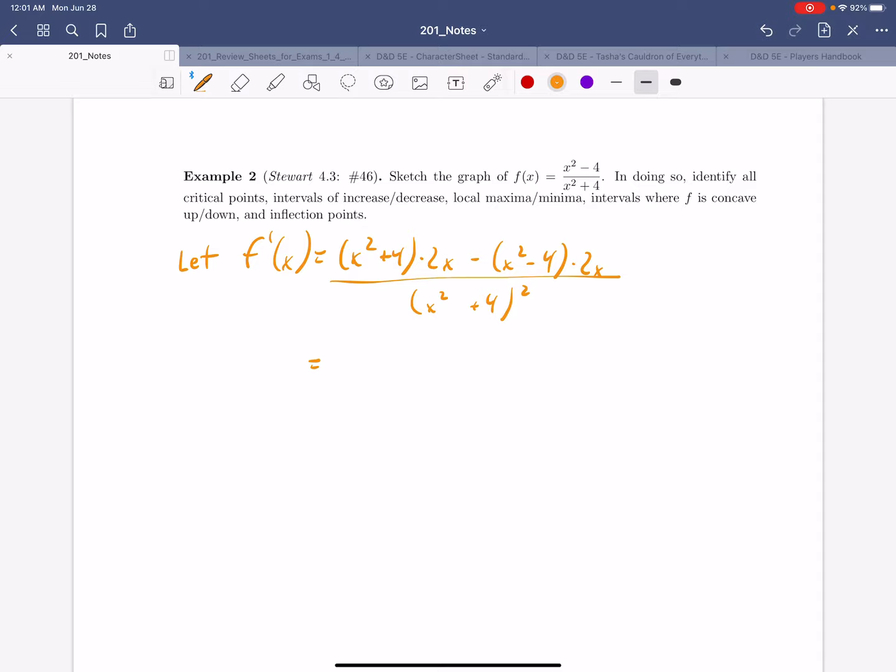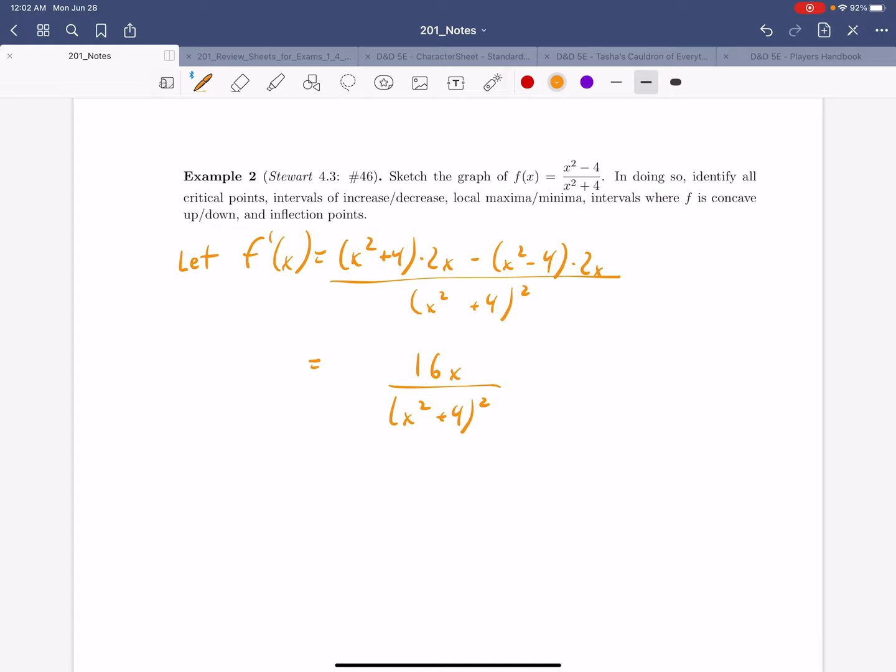Let's see what we're getting here. We're getting 2x cubed plus 8x minus 2x cubed plus 8x. So it looks like we're getting 16x over x squared plus 4 quantity squared.